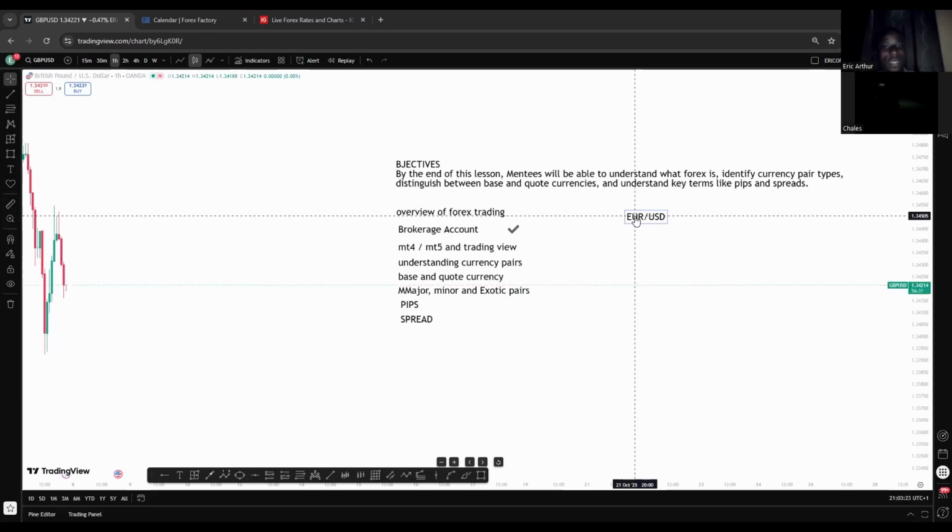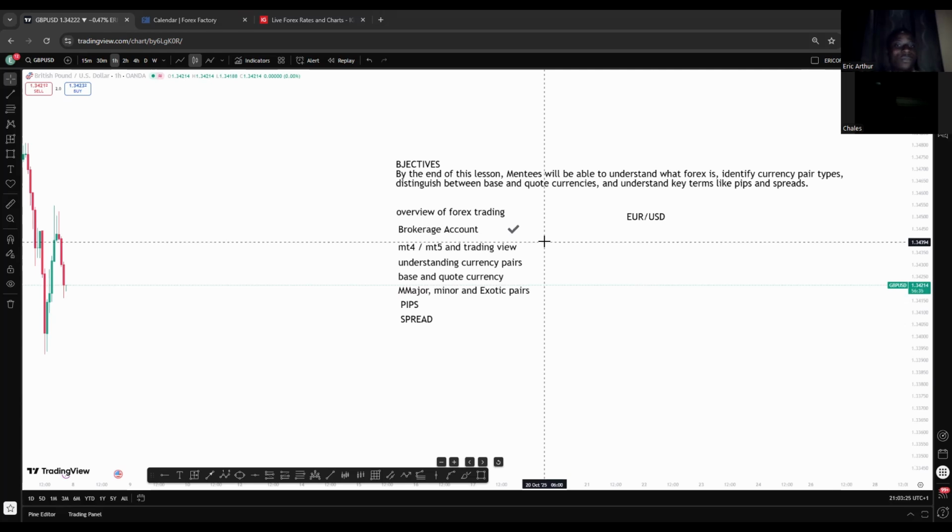So we have different types of brokers. But as for us, we are forex brokers. But we have stock brokers, real estate brokers, and different insurance brokers. But we are more of forex brokers.